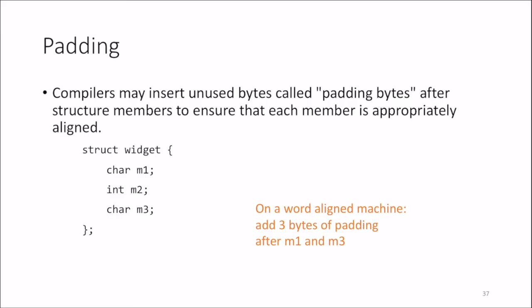And this is not just for arrays, even structs or any kind of complex data structure. In this case, there is space left over, because this structure doesn't have enough data to end up aligned at the word boundary. So on a word aligned machine, you have to add 3 bytes of padding to this struct to make sure that it's word aligned.